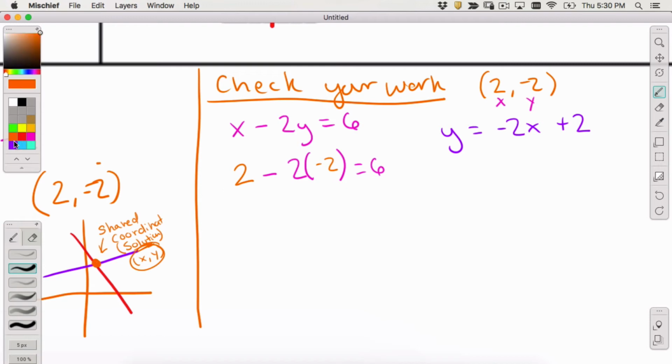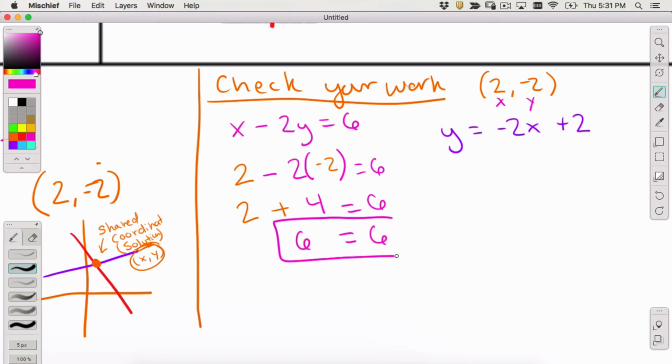I was pausing to see if you guys could do it in your head first before I said it. 2 plus, let's keep the colors, positive 4 equals 6. Okay. And if we add 4 to 2, we get 6. Remember when I was saying that x equals x, 5 equals 5? This is a true statement. So far, this coordinate pair satisfies this equation.